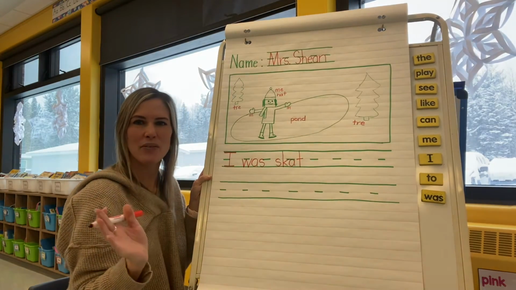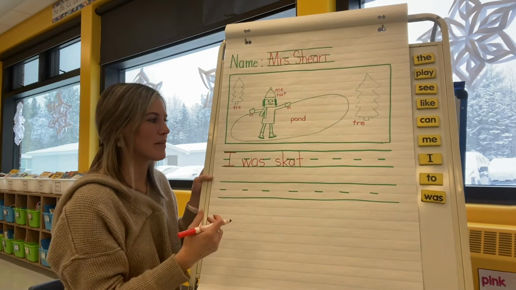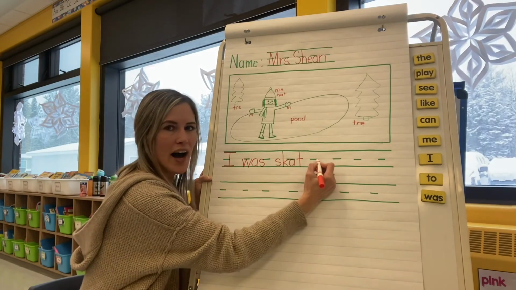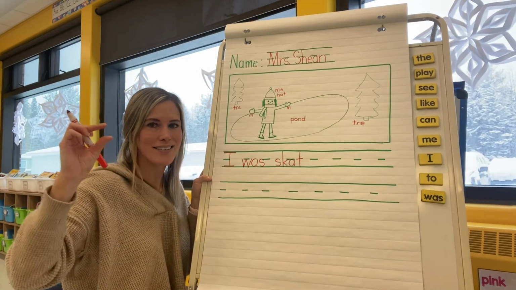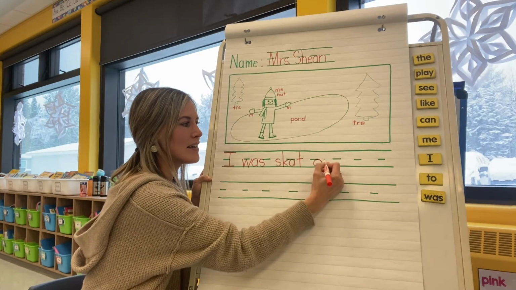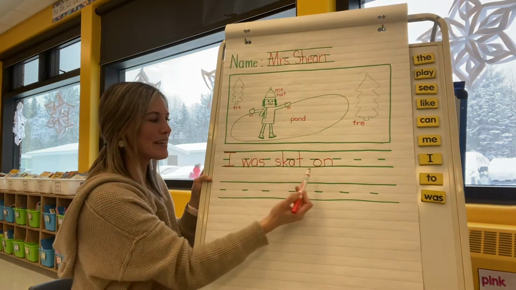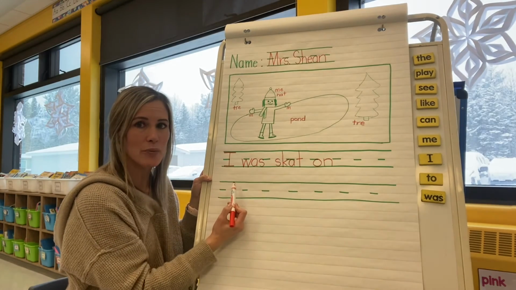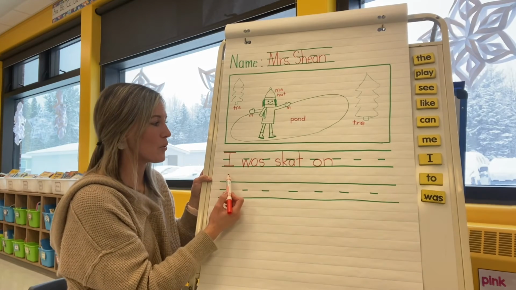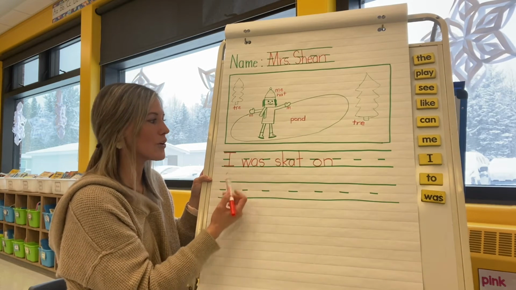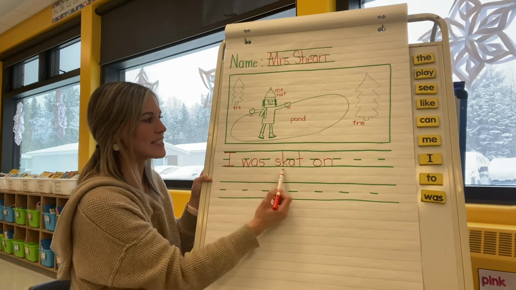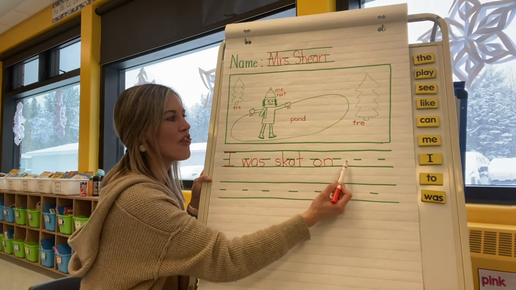We haven't learned that sound yet, and I'm not sure, so we're just going to skip it, and that's okay. I was skating on, aw, letter O, good, on, N. Now again, remember to go back and reread what you've already written once you've written a couple words so that we don't miss a word or skip anything that we want to make sure we have down. So I was skating on the pond.